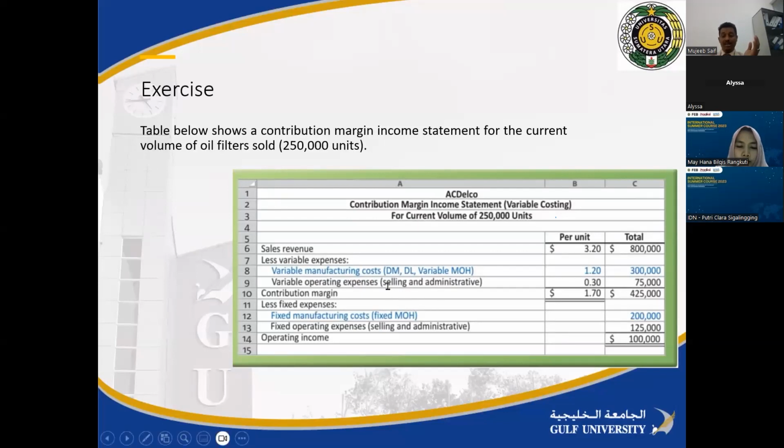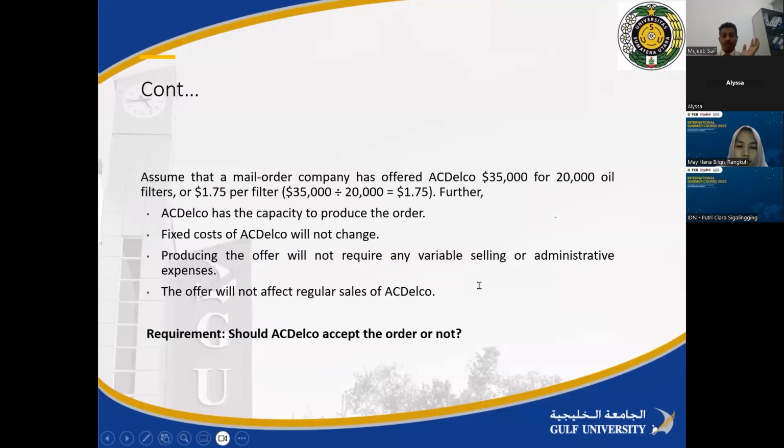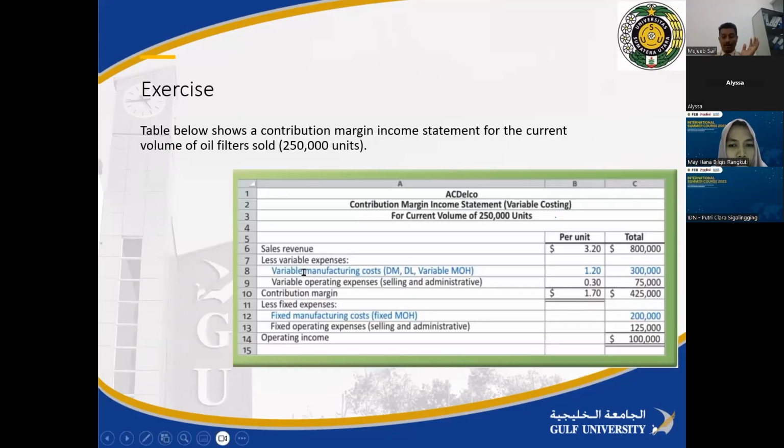For this order of 20,000 oil filters, we will not pay selling and administrative expenses. That means if we accept this order, we will only pay the variable manufacturing cost, right?